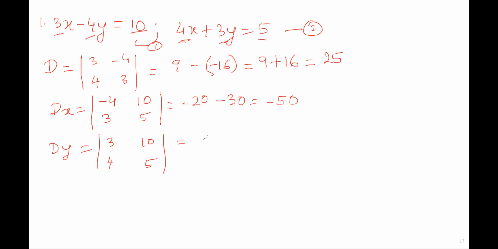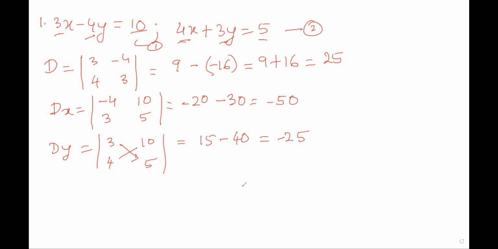So what do you get here? 3 into 5 is 15, minus 4 into 10, which is 40. So 15 minus 40 is minus 25.